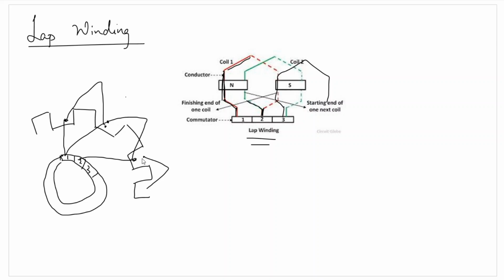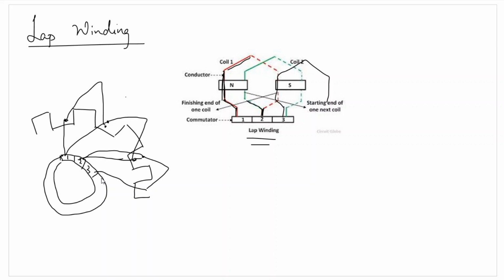The next winding starts at commutator segment 2 and its end point is at commutator segment 3. So the coils in this case lap over each other. That's why it's known as a lap winding.